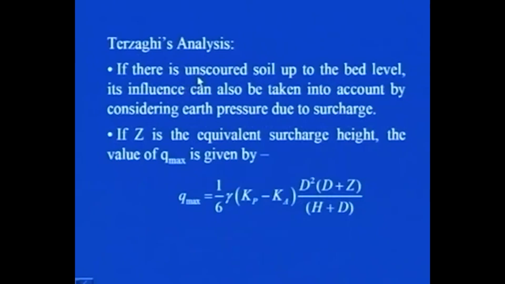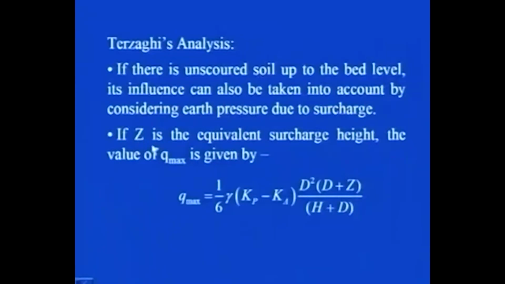Now, if there is unscoured soil up to the bed level, its influence can also be taken into account by considering earth pressure due to the surcharge. In the previous cases we did not consider any surcharge, that is, we considered that there is no unscoured soil up to the bed level, but if it is present, it can also be taken into account. So, if z is the equivalent surcharge height, the value of q max is given by this particular expression.